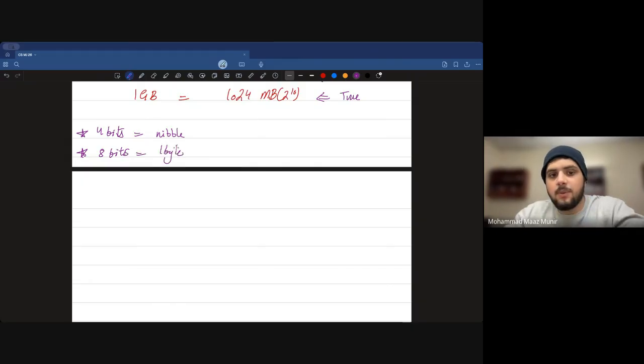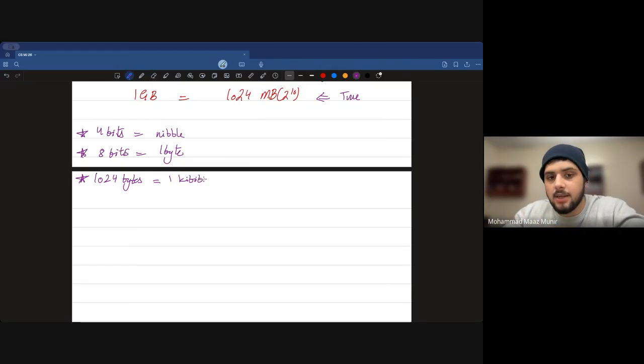But now comes the fun part. After 8 bits, the logic is that if I have 1024 bytes, this won't equal 1 kilobyte. I won't say 1 kilobyte. Why? Because above we saw that 1 kilobyte is 1000 bytes. To alter it slightly so that we can differentiate, we're going to call this 1 kibibyte.